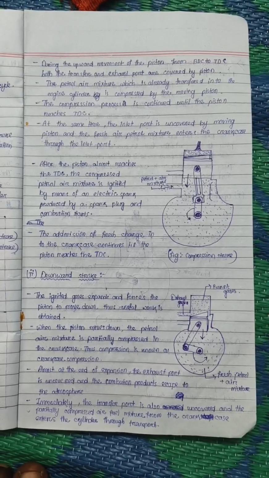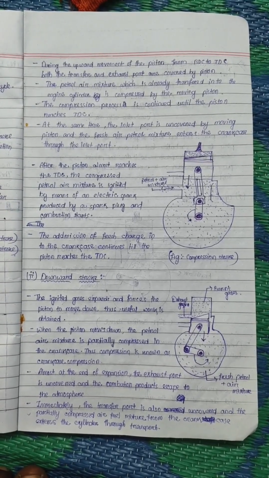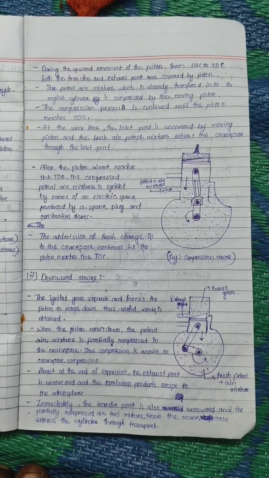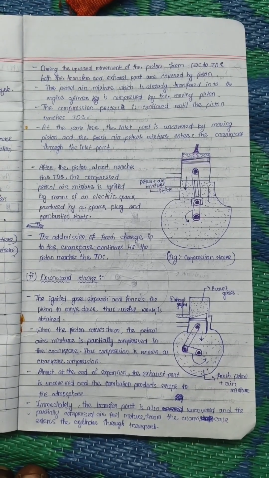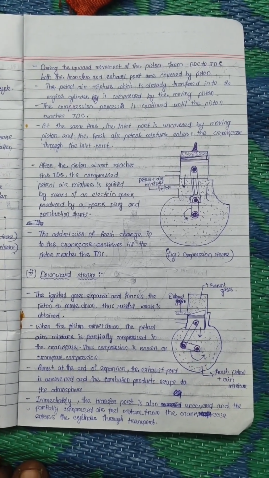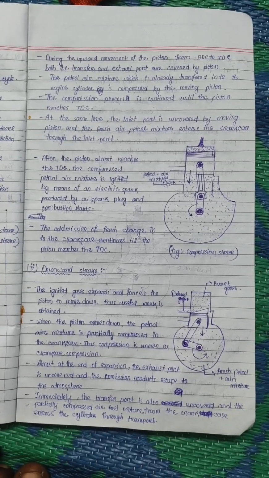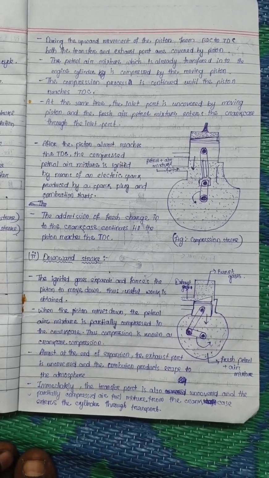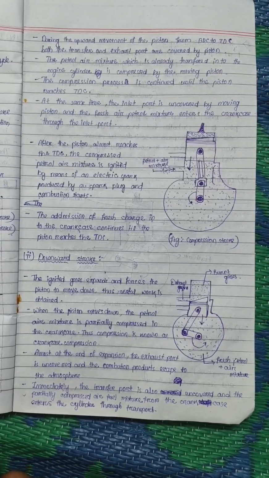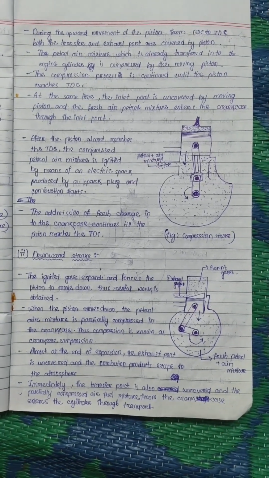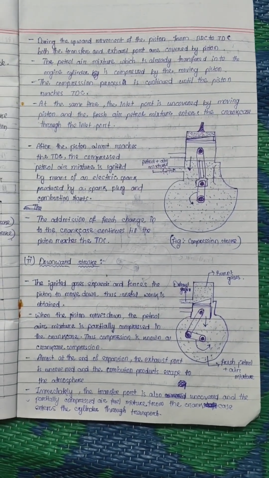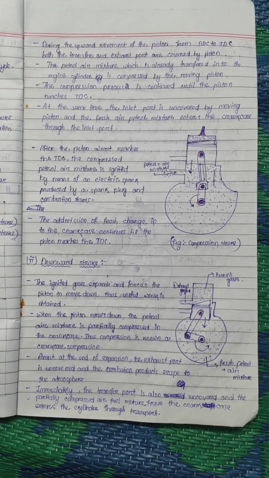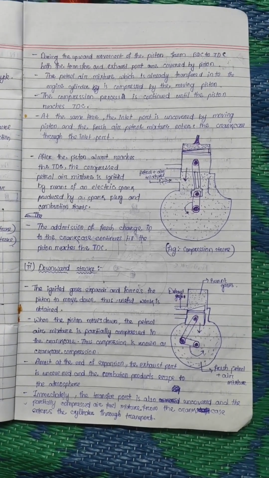The admission of fresh charge into the crankcase continues till the piston reaches the TDC. In the downward stroke, the ignited gases expand and force the piston to move down. Thus, useful work is obtained.